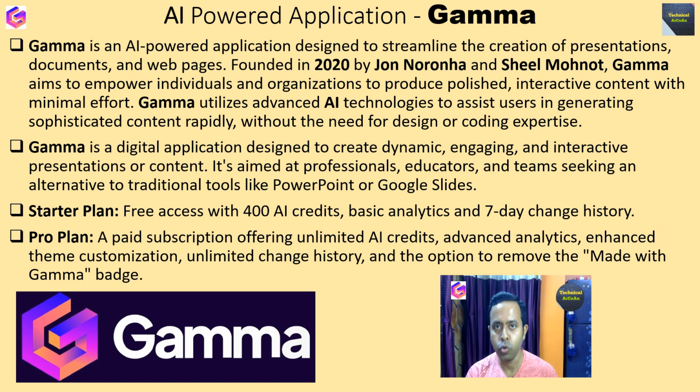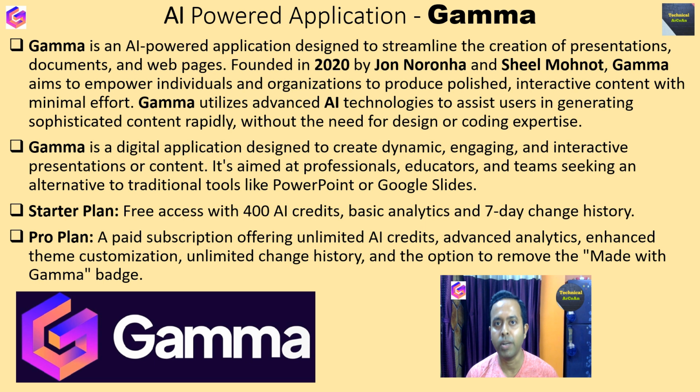There are two plans. The starter plan is free, with 400 AI credits, basic analytics and 7-day change history. 400 AI credits means that a single presentation needs about 10 to 15 credits, and generating it needs another 5, so about 25 credits in total.